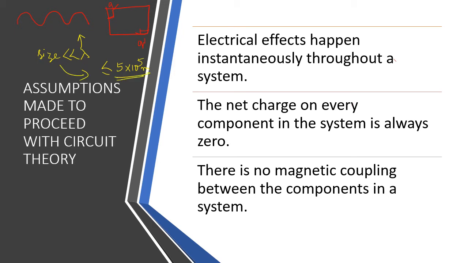So this is the size of an ideal lumped parameter system, and all the circuits in real life are much smaller than this size, and therefore we can safely say that these learnings from complex electromagnetism courses need not be taken into account in our circuit theory course.